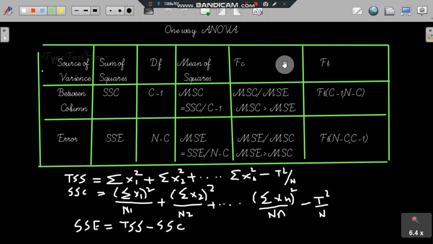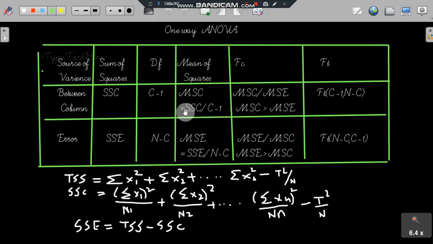Now coming to the fifth column, where we find the calculated value of F. Calculated value of F for what? Column wise. In this place I want to say one very important point. MSC will give you a number, and MSE will give you a number. So we are comparing this number with that number.